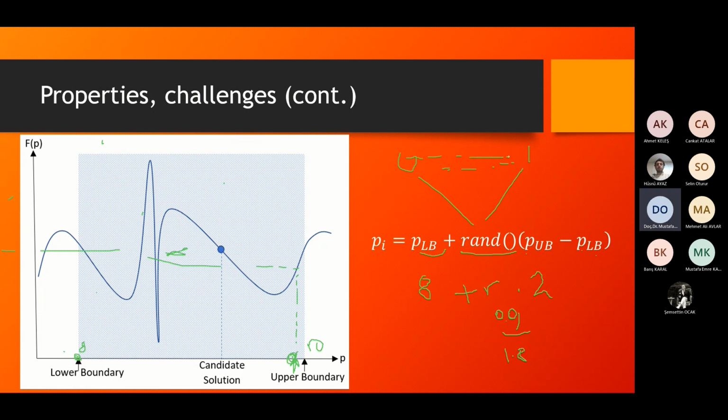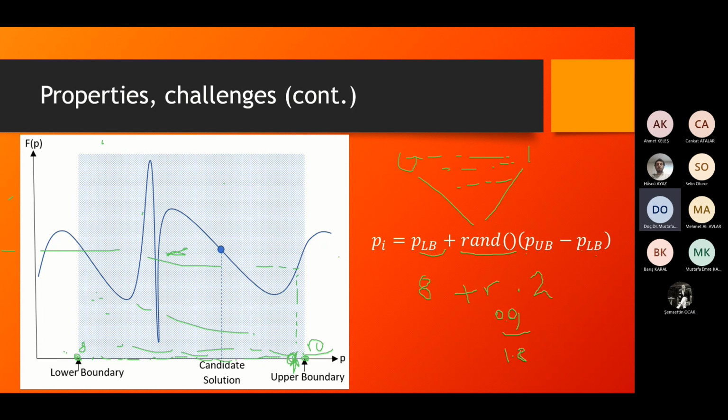Any number in between will give me solutions somewhere here. At most, the random number will be 1. 1 times the range, which is 2, plus the lower boundary, which is 8, is 10. So at most, I will get this solution. Depending on the value of the random number between 0 and 1, I will land on any solution within this range.